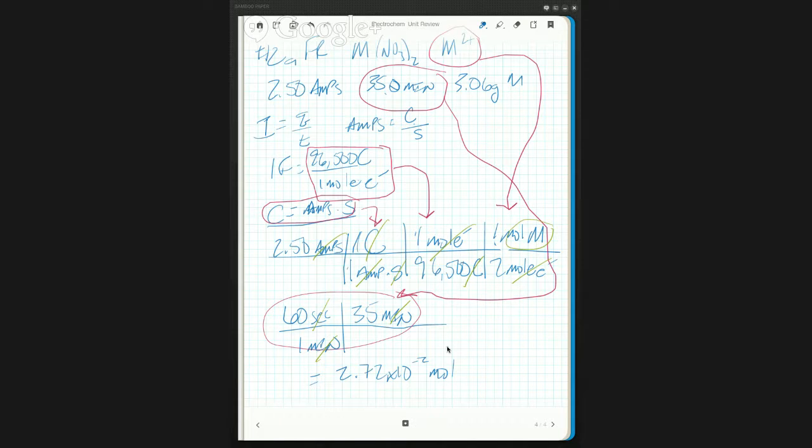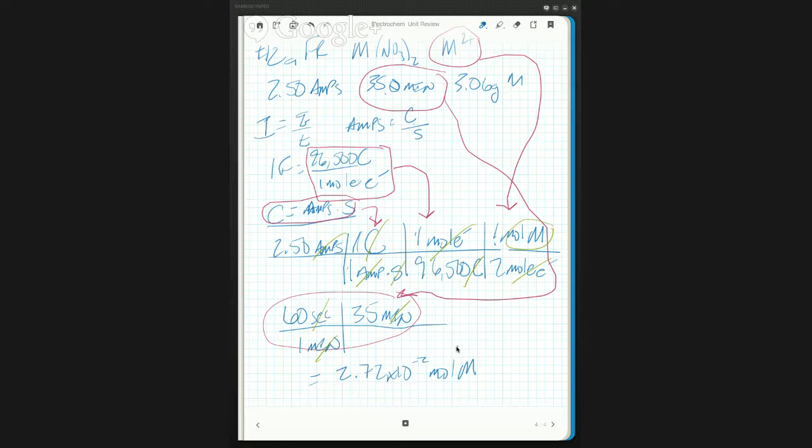Just to make sure the numbers came out, I'll plug it in: 2.5 divided by 96,500, divided by 2, and times 60 times 35. And yeah, that's what I got: 2.72 times 10 to the negative 2 moles of M.